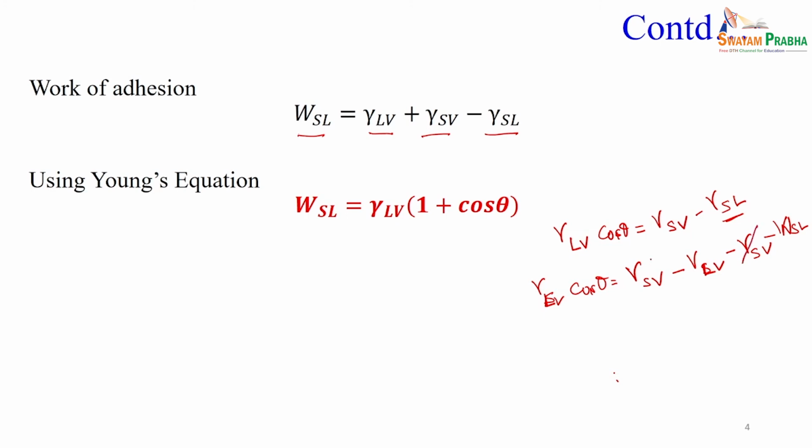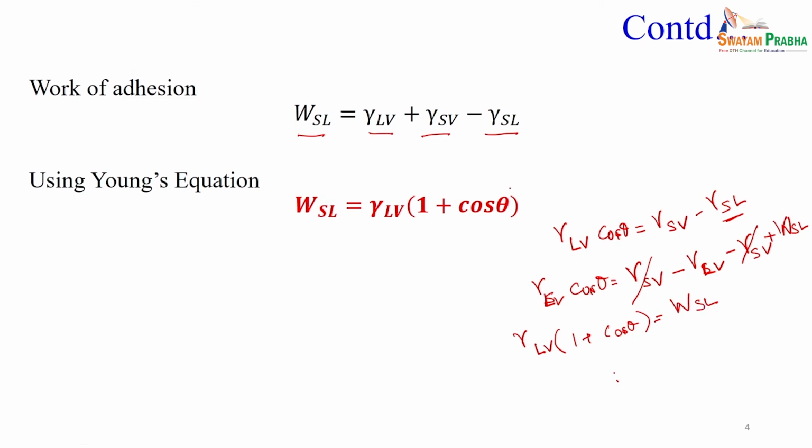So, this will be simply cancelled out, and we get gamma liquid vapor (1 plus cos theta) is equal to work of adhesion W solid liquid.